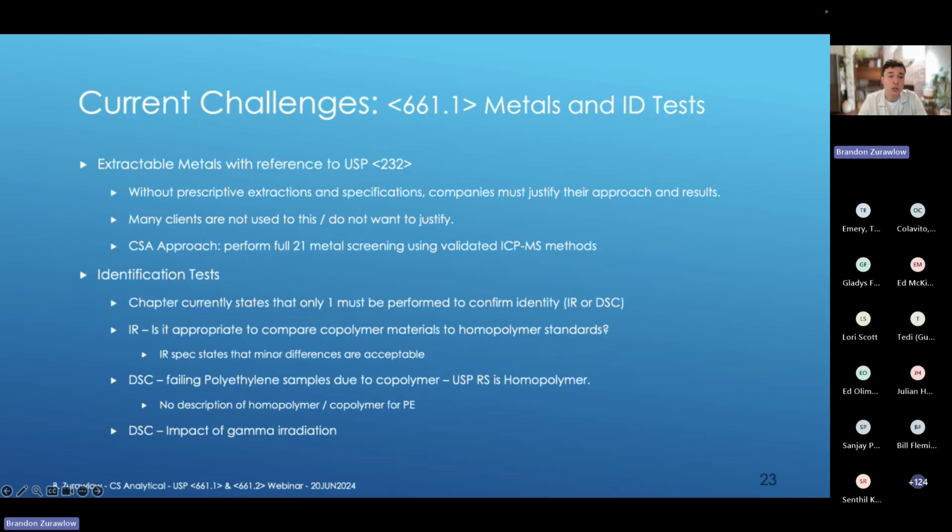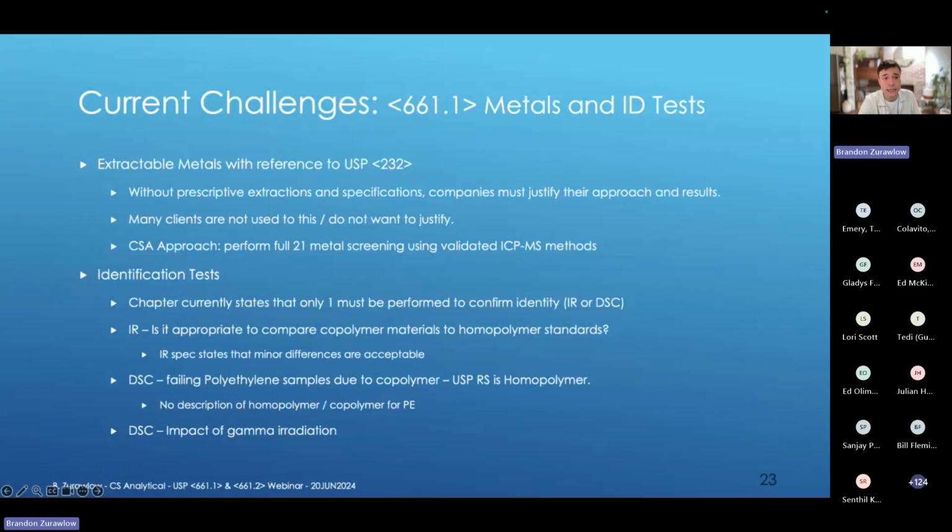And so the approach that CS Analytical takes in this case is to perform a full 21 metal screening, referencing USP 232. Where we essentially evaluate according to a validated ICP-MS method for any of the metals that the ICP-MS can detect.